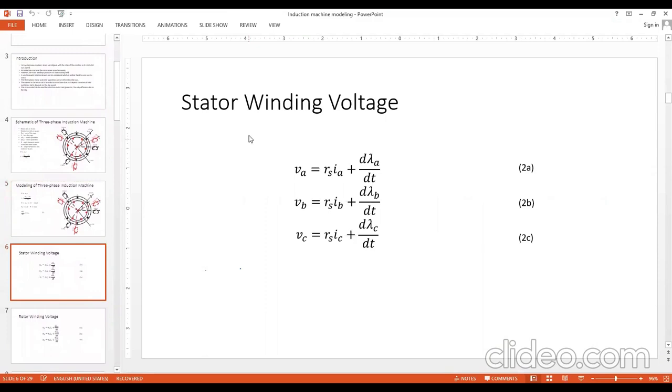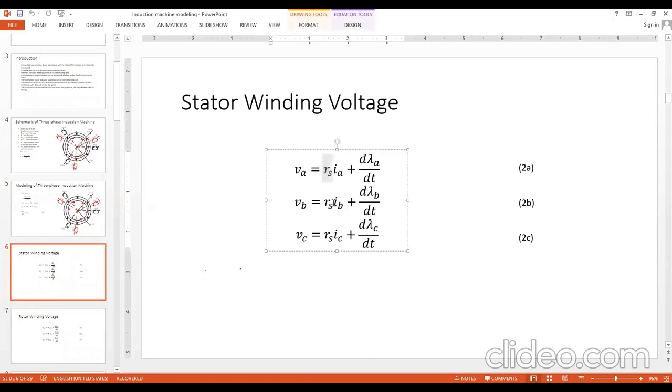Then we started with the stator winding voltage, and these are three phase. We said that there is a basic difference between the expression for the stator winding voltage of the wound rotor induction machine and the three-phase synchronous machine, specifically because we are considering that this wound rotor induction machine would be an example of a load. So the current would be coming into the terminals.